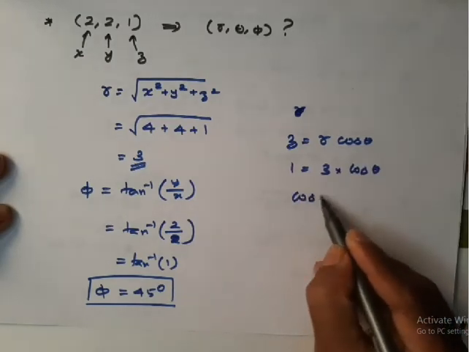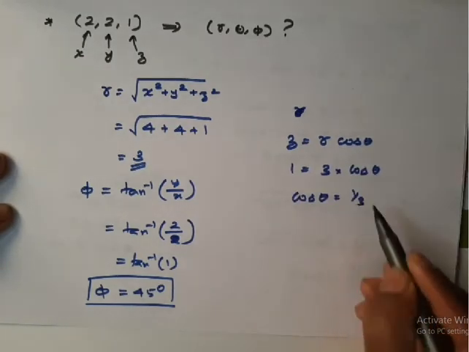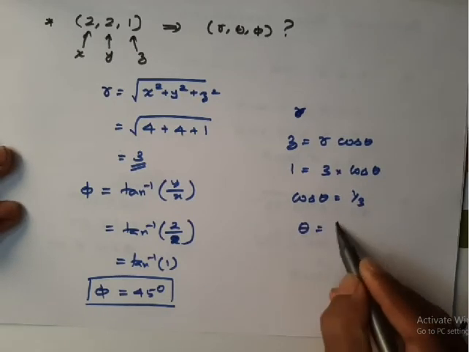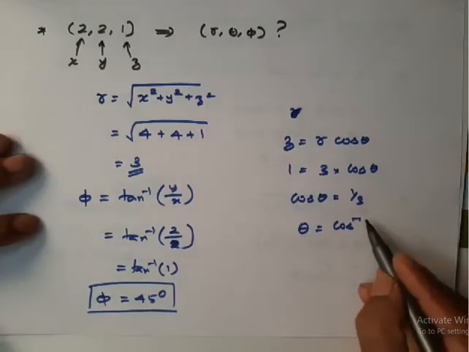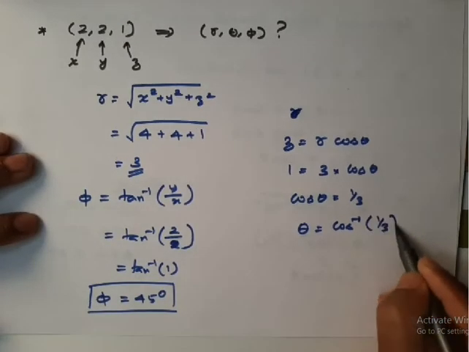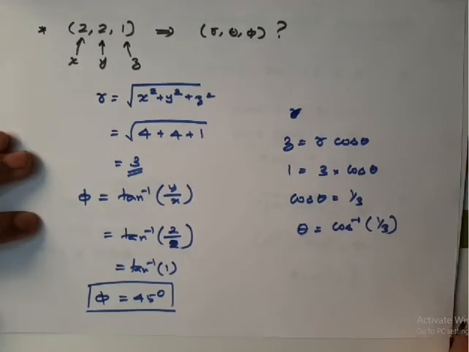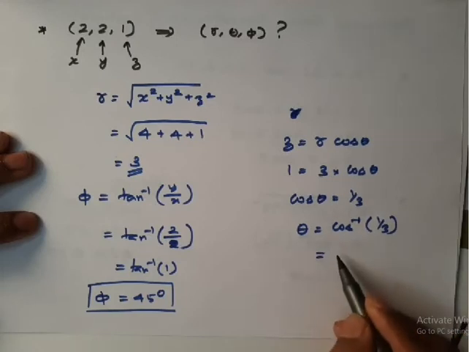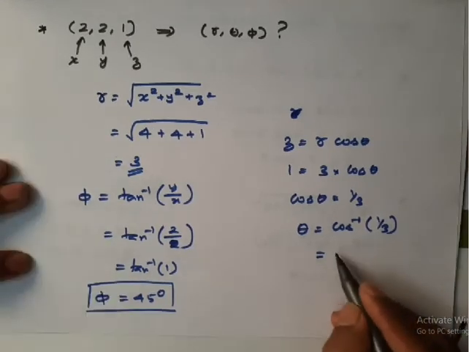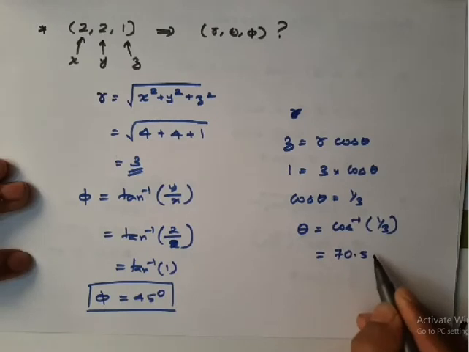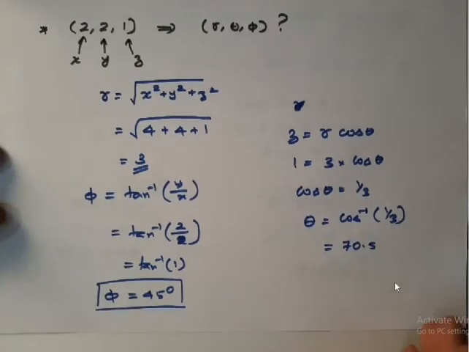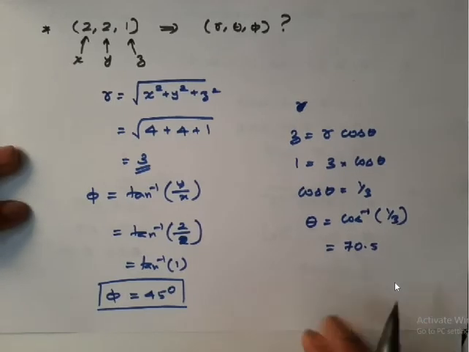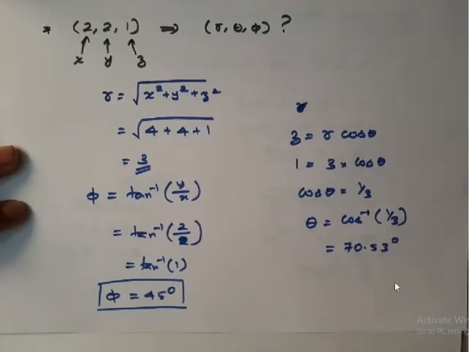So cos theta equals 1 by 3, or theta equals cos inverse of 1 by 3, which is 70.5 degrees. You can find this using tables or a calculator, roughly 70.53 degrees.